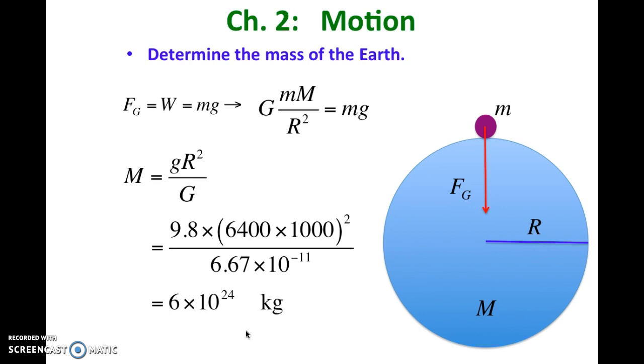Then substituting 9.8 into the little g, gravitational acceleration, and the Earth's radius r as 6,400,000 meters, and also the big G, gravitational constant, into the formula, we can find the Earth's mass approximately as 6 times 10 to 24 kilograms.